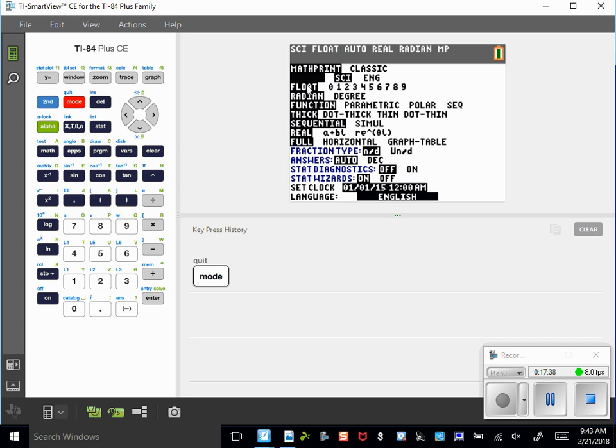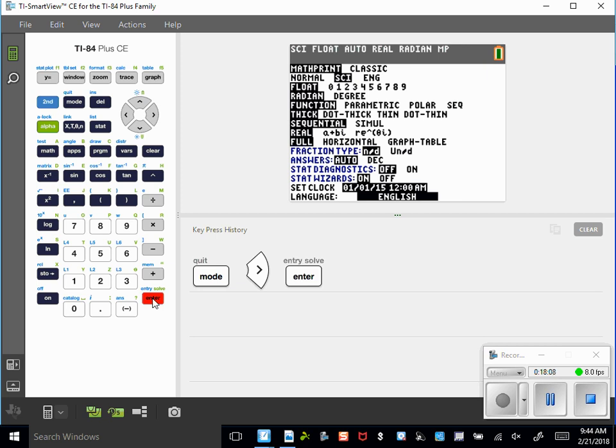Now yours could be flashing on normal when you do that or not. In a minute we're going to have it flashing on SCI. So we're going to cursor over. If yours is not already there, you want it flashing on SCI. So just arrow over one, hit mode and arrow over. And now how many people are flashing on SCI? Great, and now hit enter.